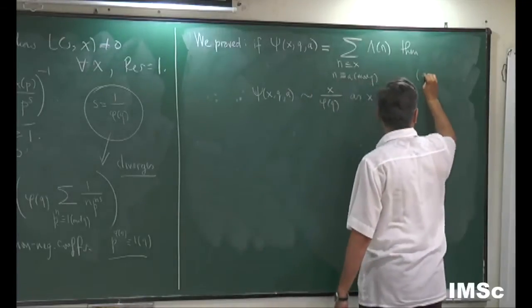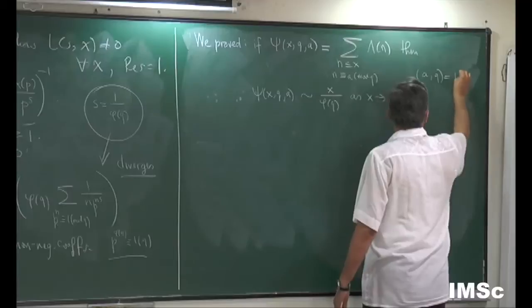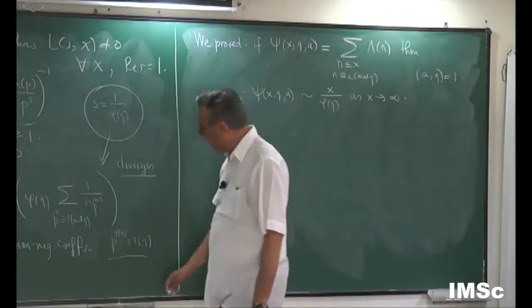Of course, a and q are always relatively prime.